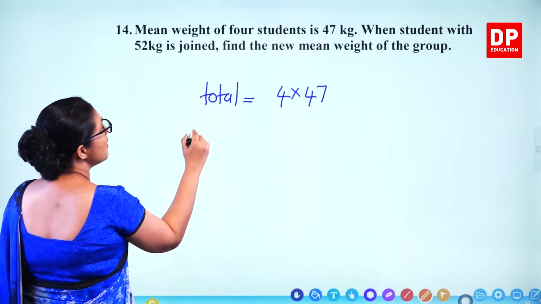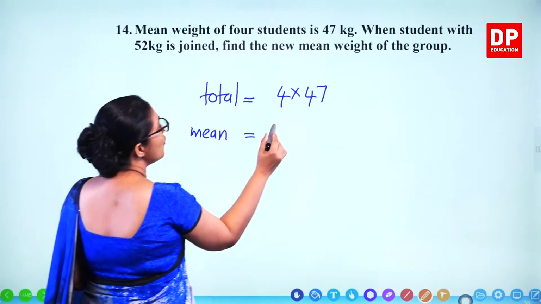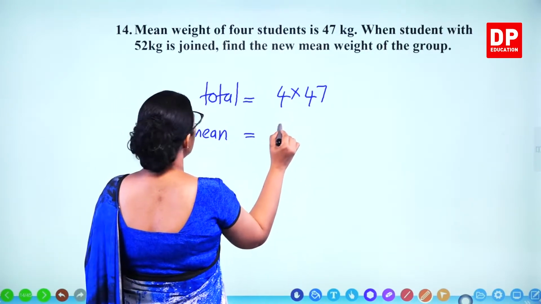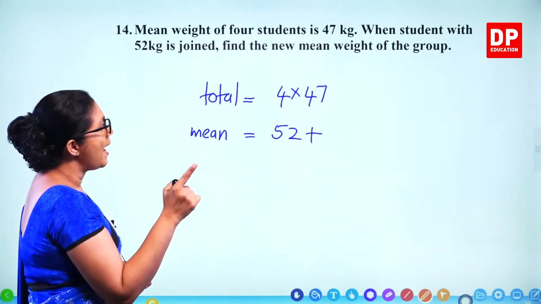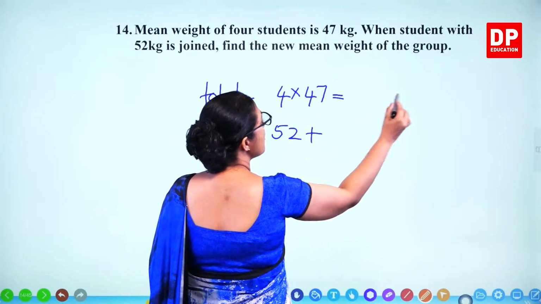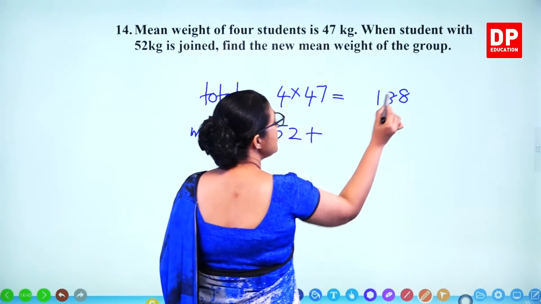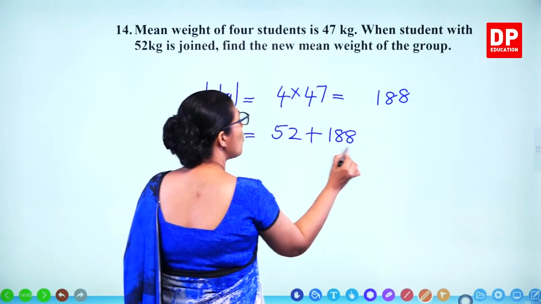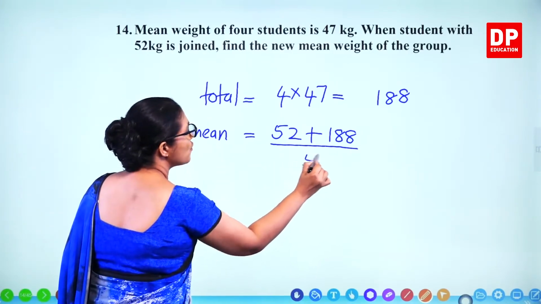Then we need the mean of all. So 52 is the new one. And the previous total: 4 times 7, 28. 4 times 4, 16 plus 2, 18, 188. That's the total. Now we have 5 students. Divide by 5 to get the mean value.